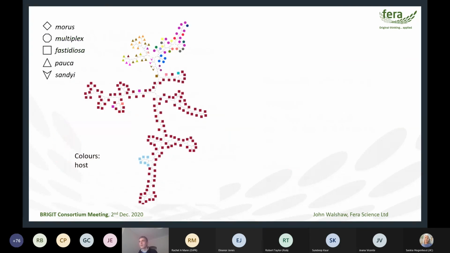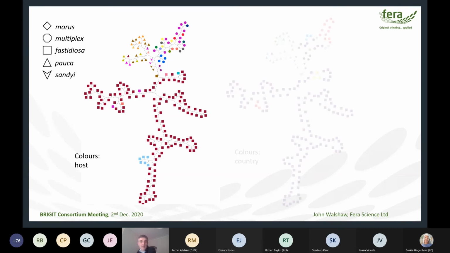So I've just got a few minutes to give you a quick tour and just highlight a few results. This is what it looks like. And we have lots of fastidiosa dominating here. So the wine-coloured squares are fastidiosa. We've got multiplex up in the northeast and pauca up in the northwest.